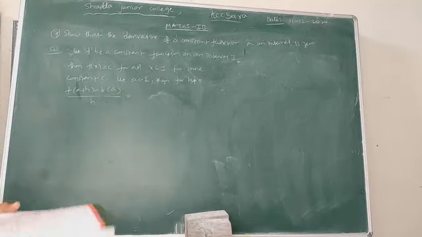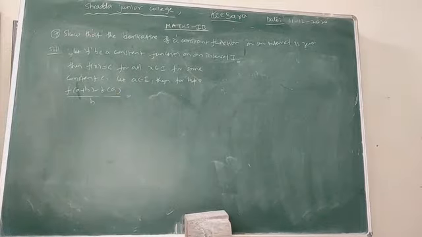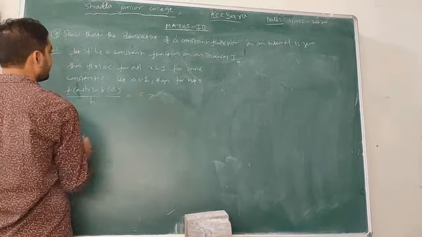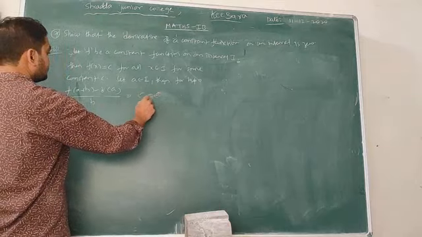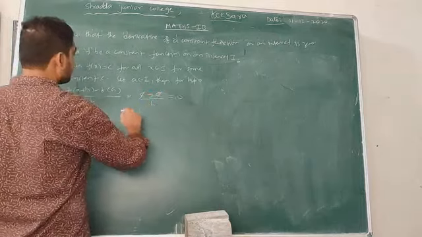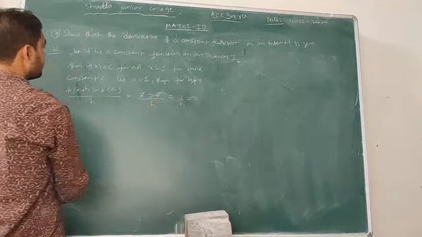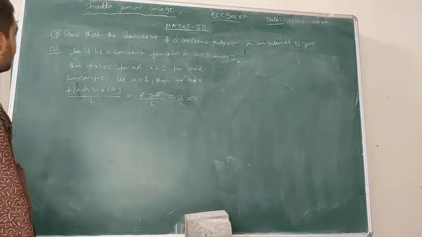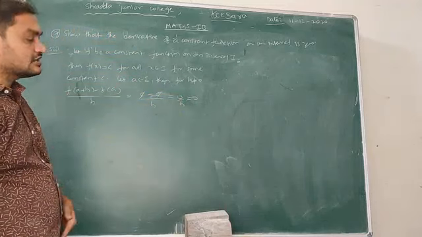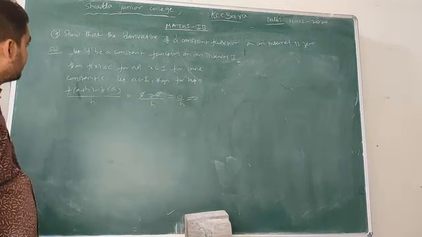Now see here, f of a plus h means what, that is c. F of a is also c, by h. The c minus c gets cancelled now. 0 by h, that is equals to what, 0. So the derivative of a constant function, that is equals to 0.